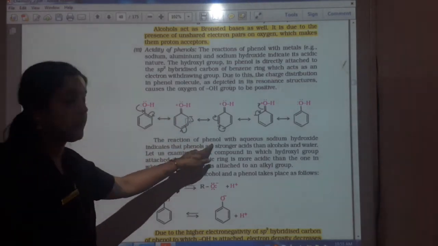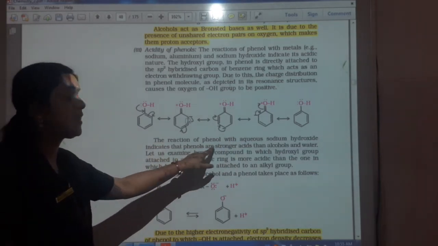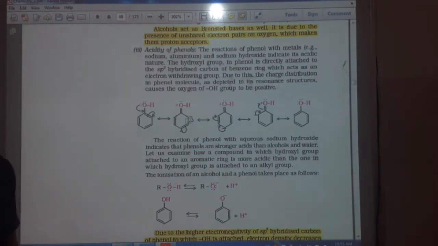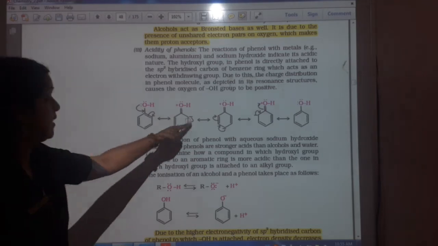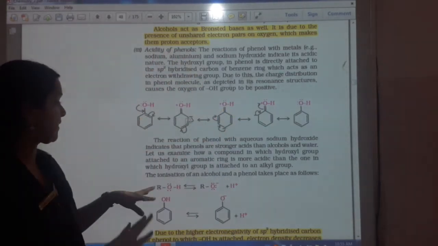So the reaction of phenol with aqueous sodium hydroxide indicates that phenols are stronger acids than alcohols only because they have resonance structures and the charge is delocalized over the complete ring, right?